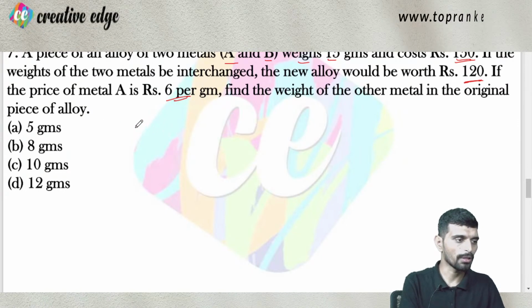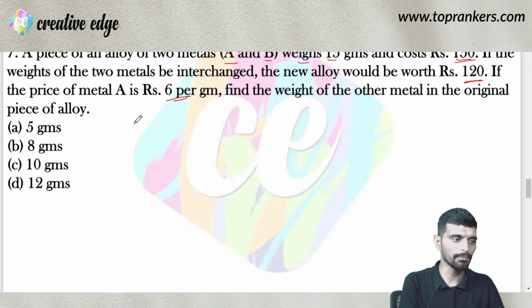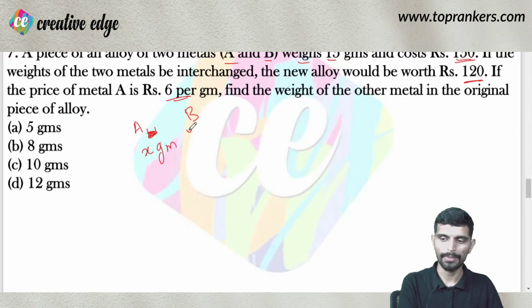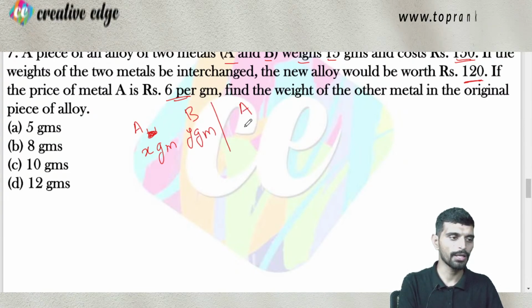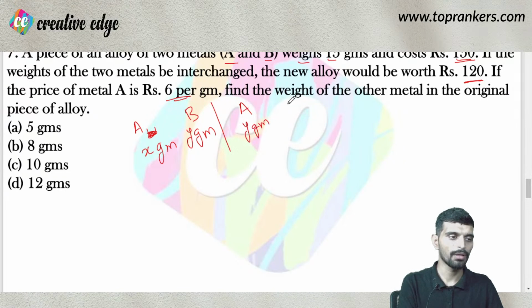So say the weight of A was X grams initially and the weight of B was Y grams. So after exchange, the weight of A will be Y grams and the weight of B will be X grams, right? And the total of both should come to 15 grams, because the alloy weighs 15 gram.